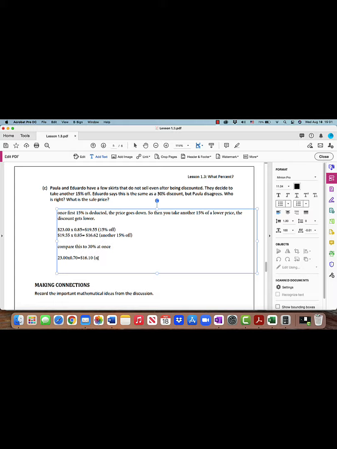It is lower compared to taking 15% followed by another 15%. So that's the lesson. We sort of reviewed the meaning of a percent and how to do the discount and markup and general computation of the percent.